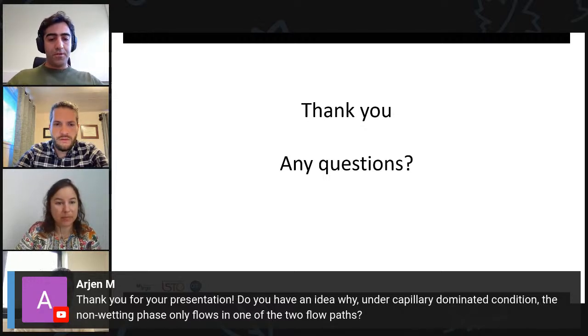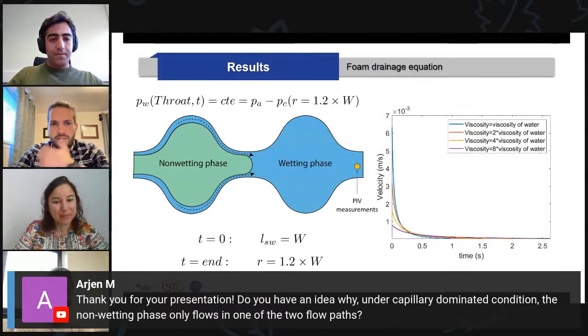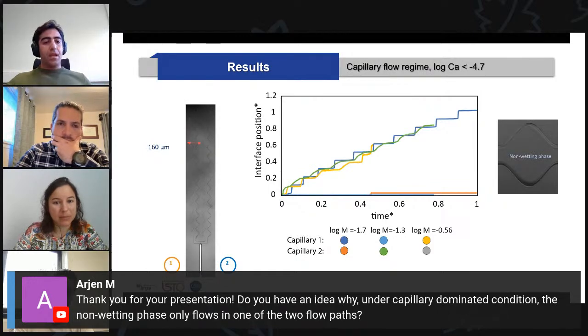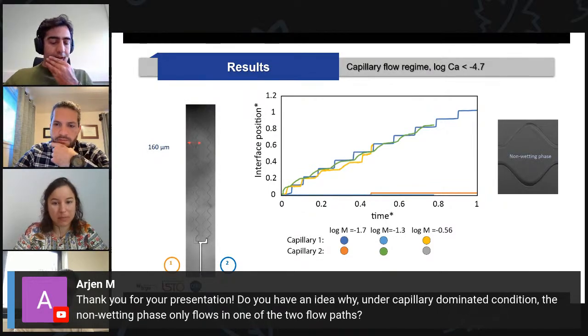Thank you very much for the question. When we have a capillary dominated flow regime, the capillary forces are very dominant and the flow is very low, so it can only invade one of these capillaries.